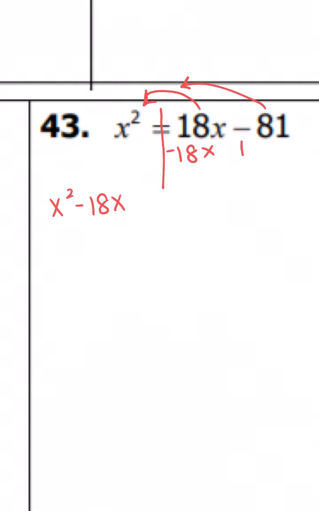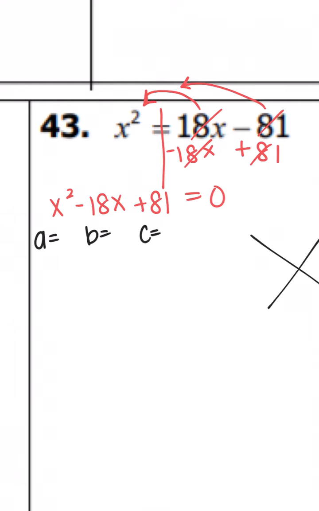Since this is a -81, I'm going to have to add 81 to get it on the other side. And then all this would go away because we did the opposite, which means it equals 0. So now figure out what is your A, what is your B, what is your C, and factor. Get your two solutions. Do it just like I did number 42.